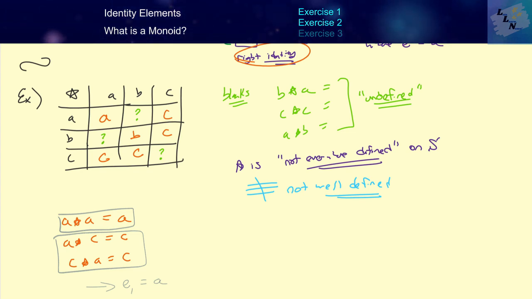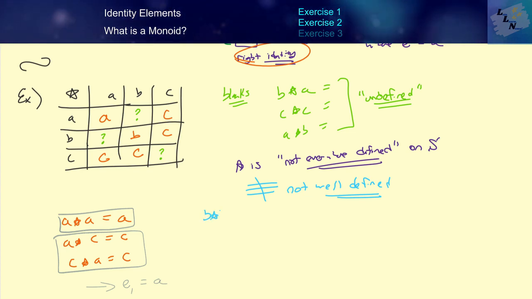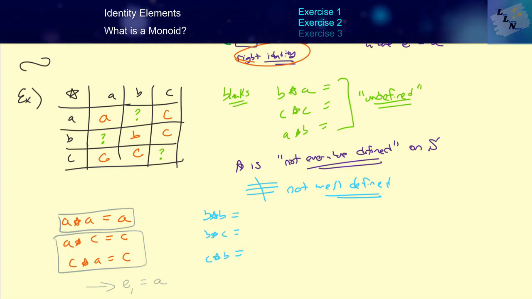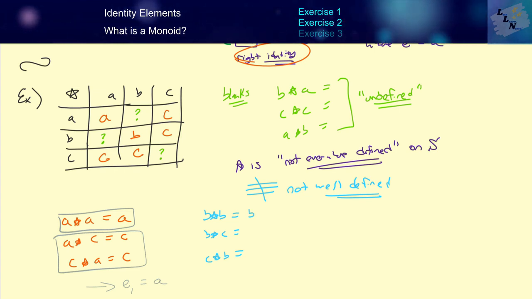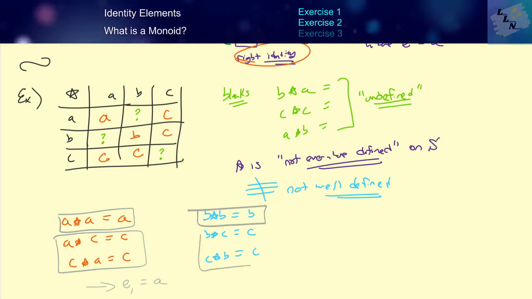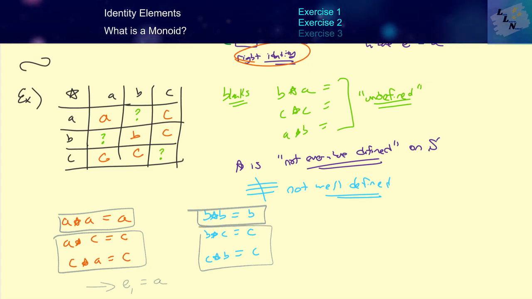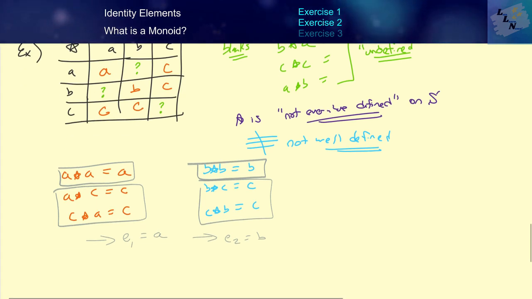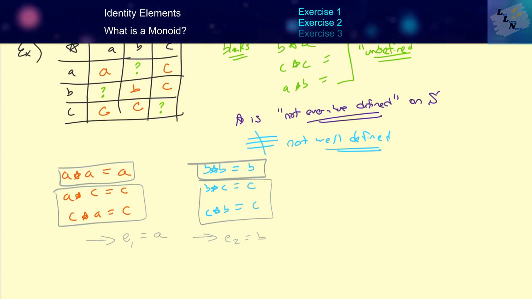Now, if we look at the other operations, for example, B star B, B star C, and C star B, so B star B is equal to B, B star C is equal to C, and C star B is equal to C. So these operations will imply that another possible identity element is equal to B. More in particular, what we have going on here, they pretty much act as left and right identities, right?